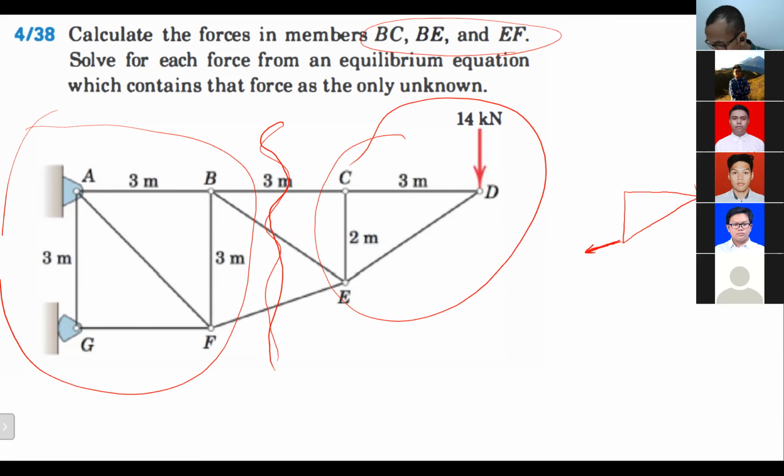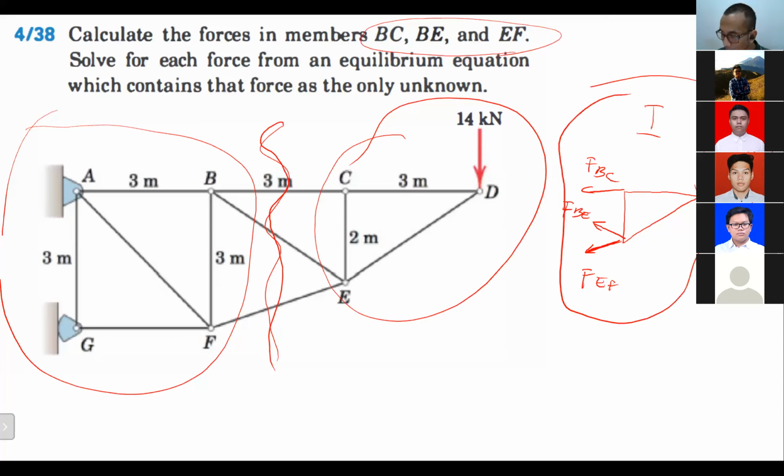Something like this. This is FEF, and then this is FBE, and then this is FBC. It will become an external force, but this is only our first free body diagram, the right free body diagram.